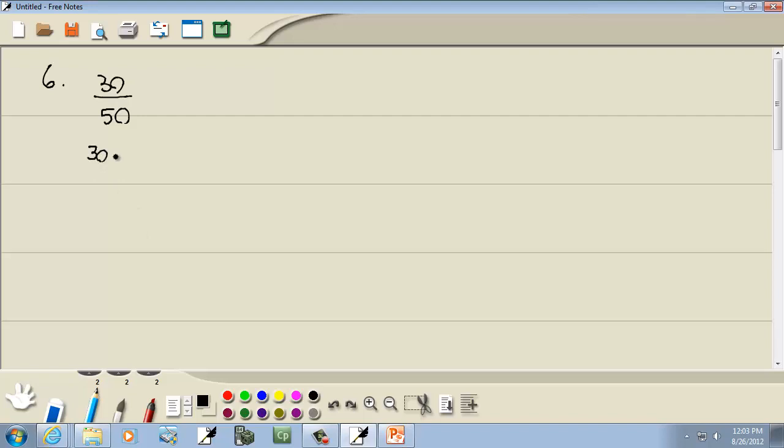So I got 30 divided by 10 and 50 divided by 10. Well, 30 divided by 10 is 3, and 50 divided by 10 is 5. So my answer would be 3/5. When I said they're real easy, if you have zeros at the very end and you're reducing a fraction, you just cross off the zeros. So it doesn't matter how many there are, it'll work that way. So didn't have to think any of that. So the 0 here, cross those off, you got 3/5 as your answer.